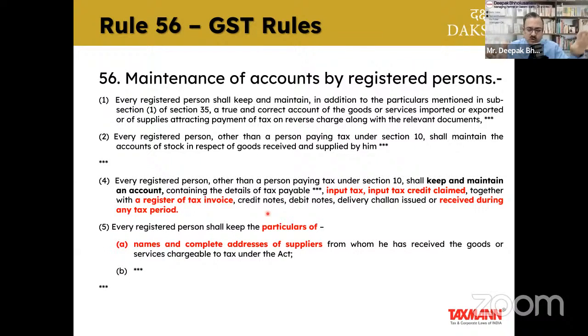One is your import of goods and import of services, and second is your domestic purchases, right? So non-domestic and domestic, that's it. Again, Rule 56 does not specify whether these domestic purchases need to be further split into exempt supplies, non-exempt supplies, composition, unregistered, nothing.